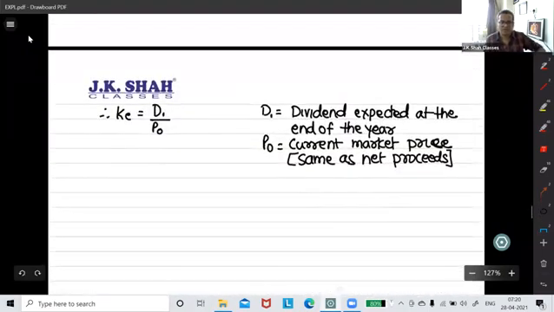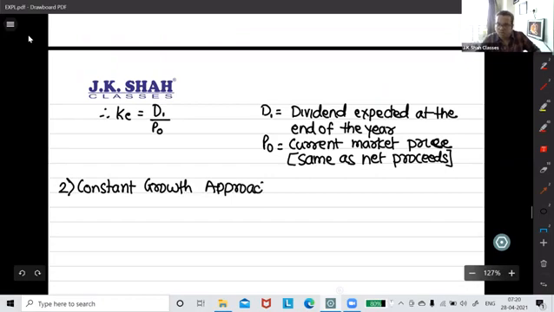So, let's come to the second one. The second approach is the constant growth approach. Okay. Second approach is what?